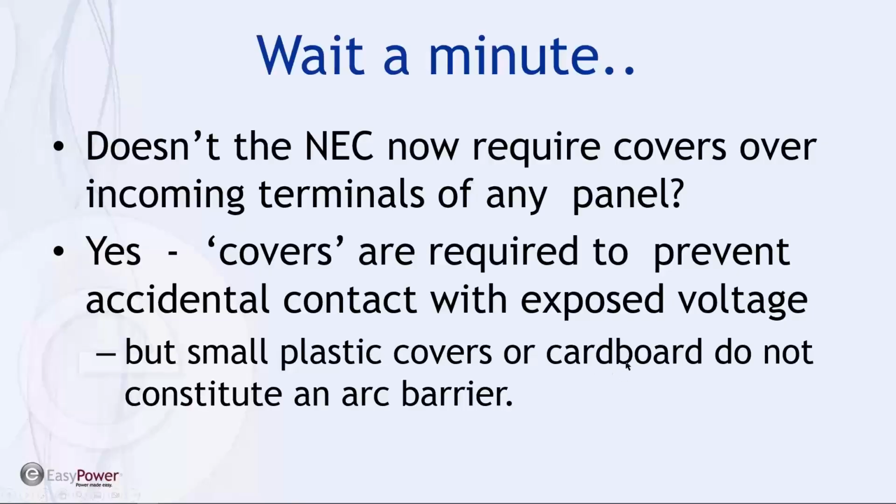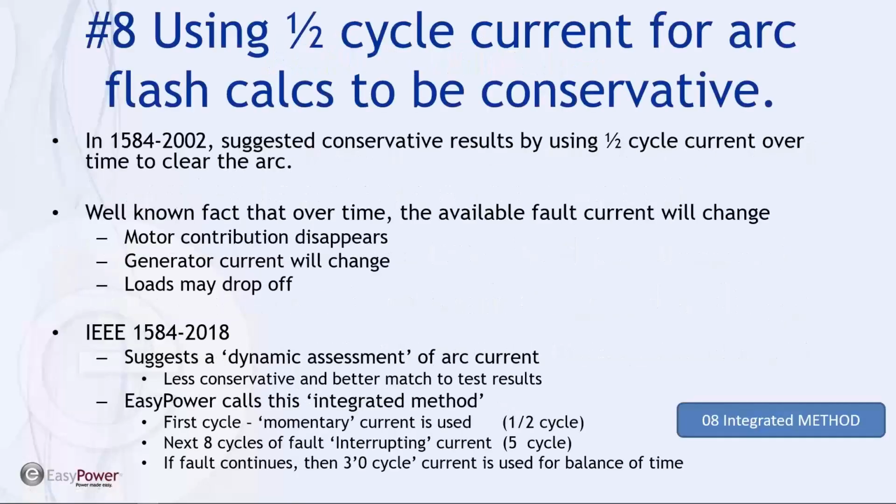The answer is yes. And in the recent edition of the National Electrical Code, covers are required to prevent accidental contact with exposed voltage. But small plastic covers or cardboard do not constitute an arc barrier. And so it doesn't even come into the conversation when we're talking about excluding the main.